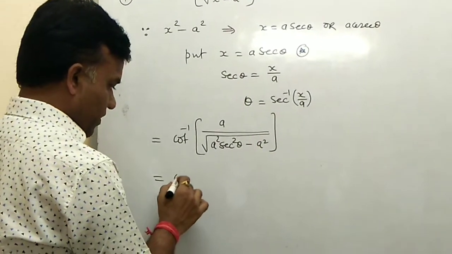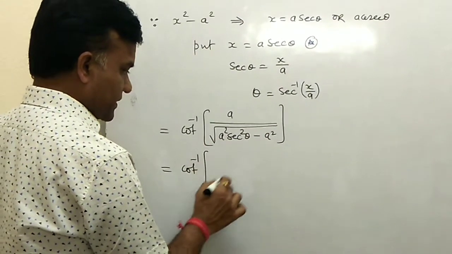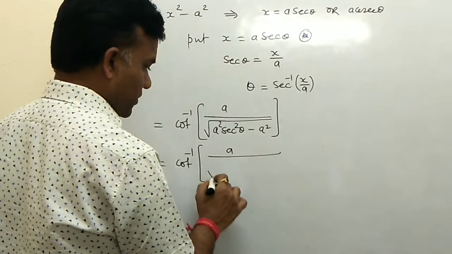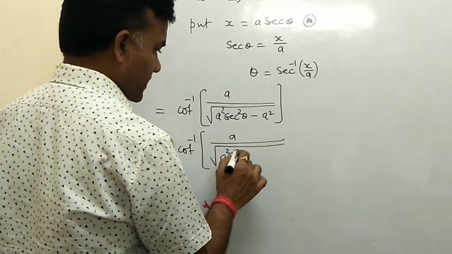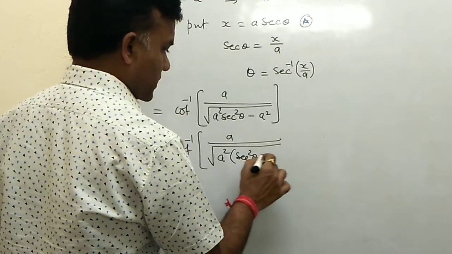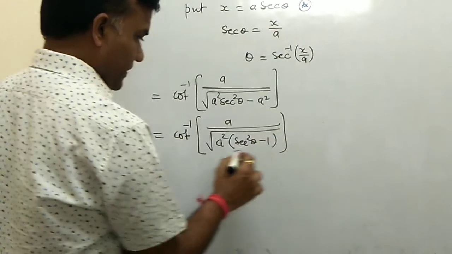Then cot inverse a upon under root of a square common, sec square theta minus 1.